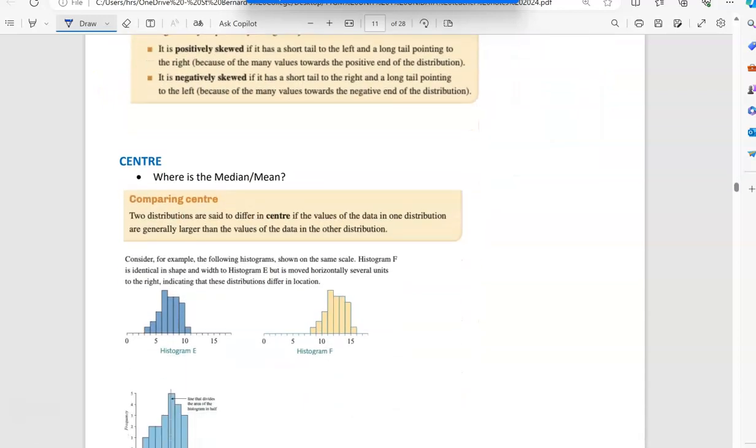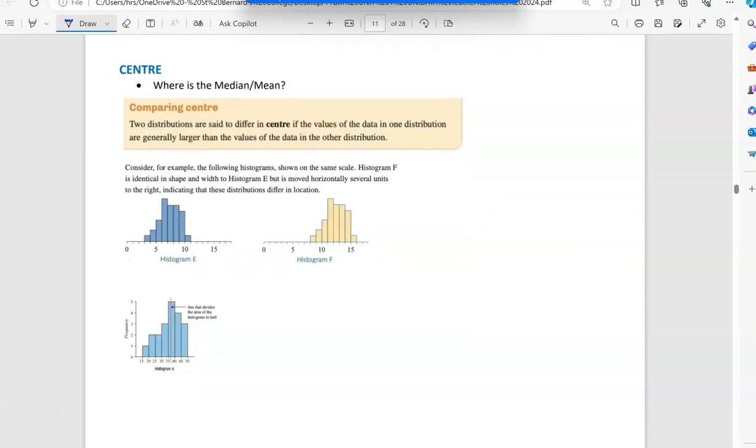The next thing we're going to describe when we're looking at our data is the center. And the center we generally refer to as the median or the mean. But let's put a little comment: the median is probably better, because it is a resistant statistic.